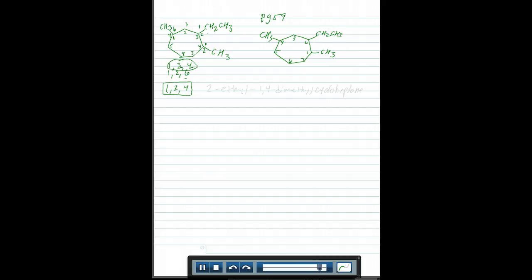Okay? So more rules. So this would be called 2-ethyl. Now notice I have 2 methyl groups, so I have to use di in here. So 1,4-dimethylcycloheptane. Okay? So that's how you name it.